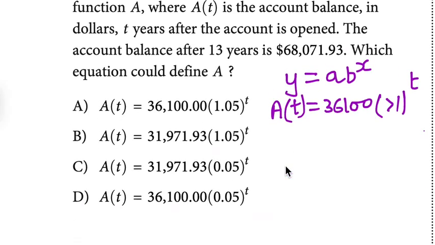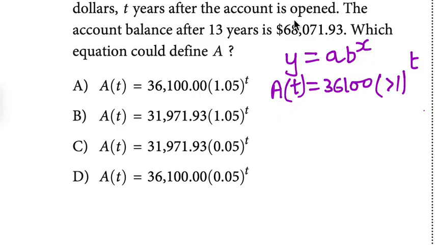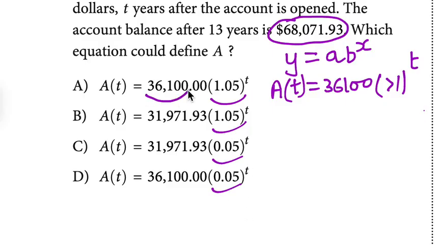But if I see the options, this part is not used in my answers list. That's okay, that's totally fine. The question is testing whether you know where to place the initial value and how you will figure out whether the number b is less than 1 or greater than 1. So the initial amount is 36,100.